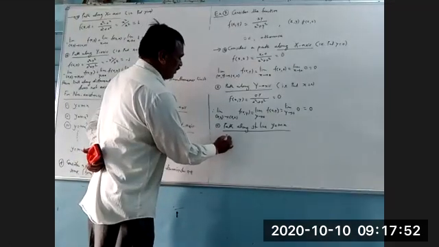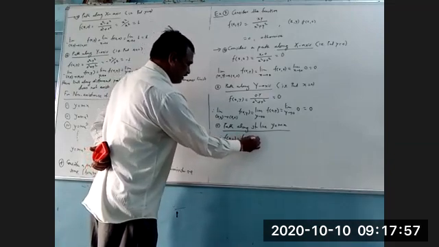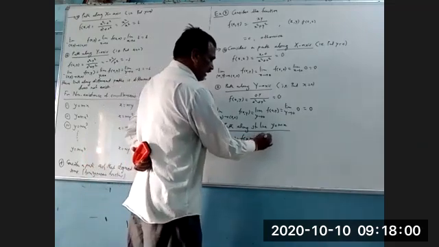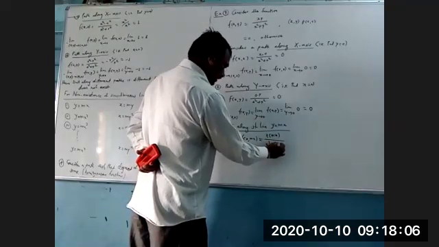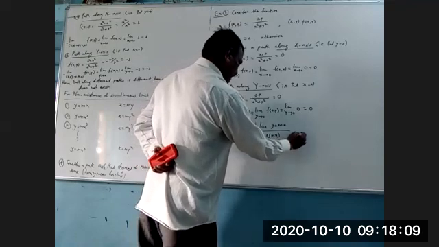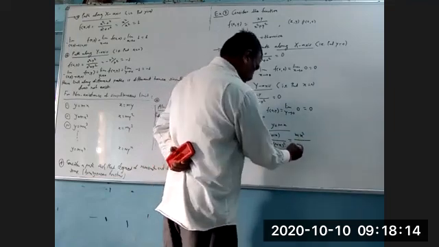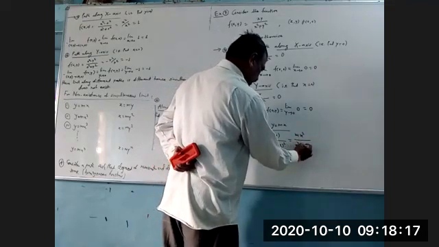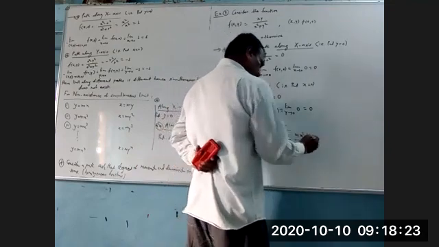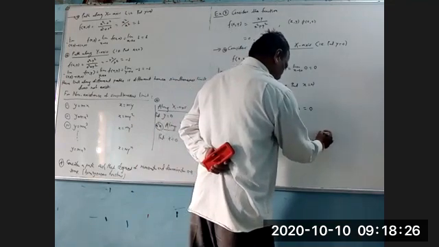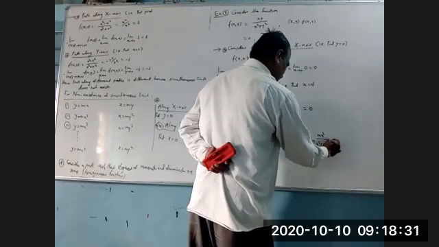Therefore, f of (x, y) is nothing but f of (x, mx), and therefore this is nothing but x into mx upon x square plus m square x square, which simplifies to m x square upon x square into (1 plus m square).